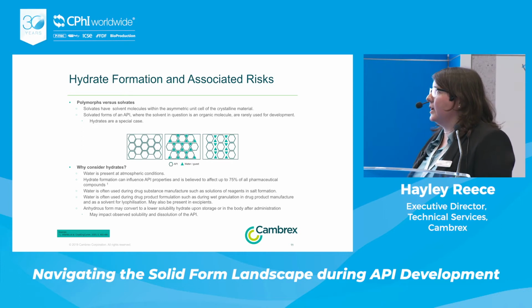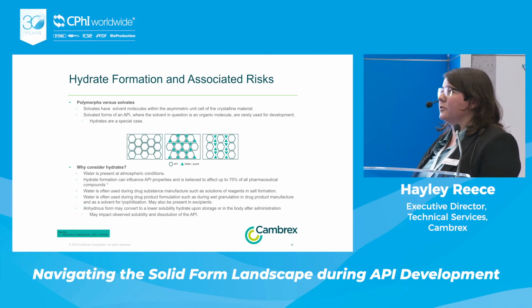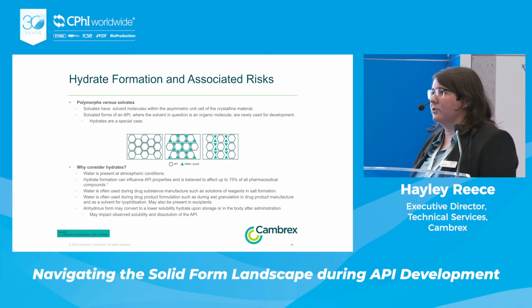So it's really key that we understand what the effect of water will be on the solid form. So is it actually going to form a hydrate? Is our API, if we choose an anhydrous form, likely to convert over to a hydrated material over time or under one of these conditions? Or are we safe? Do we have a good, robust anhydrous form that we're looking at?